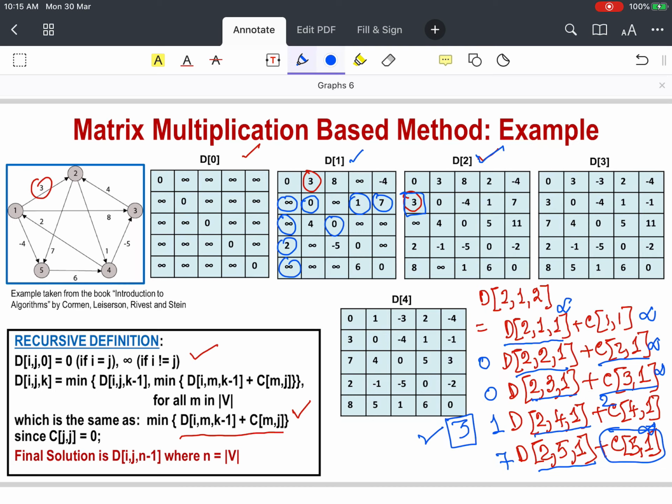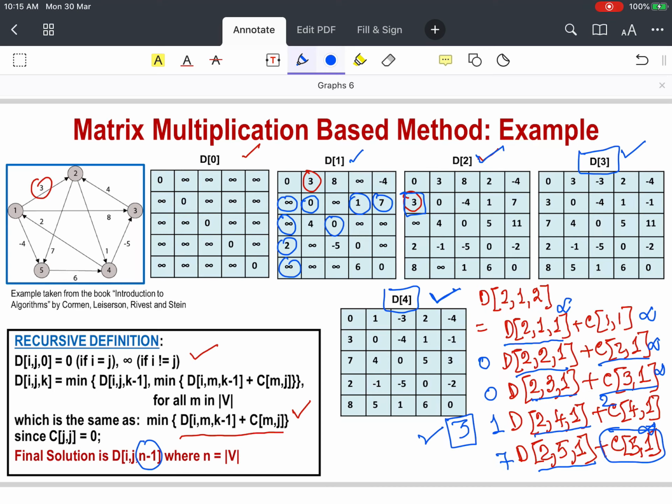Similarly, this is how we calculate D3 and D4. And when we reach D4, that means when we reach the 4th iteration, we are supposed to get our solution. But you can also get the solution earlier if you see that there is no change between 2 iterations. For example, between D3 and D4, there is no change.